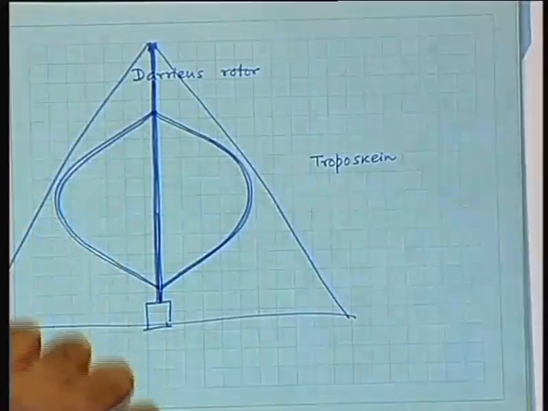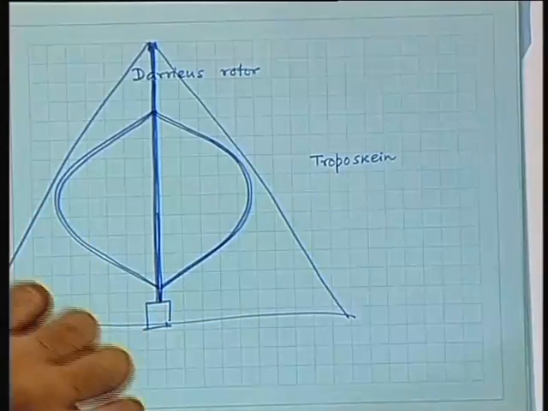You see, if you hold a flexible wire and rotate it like this, it takes a shape, right? And that shape is called troposkine. That means it is exactly the shape that a flexible wire would take if it is rotated like this. Which means that as it rotates, the only stress that can be produced in these blades would be just a tensile stress.